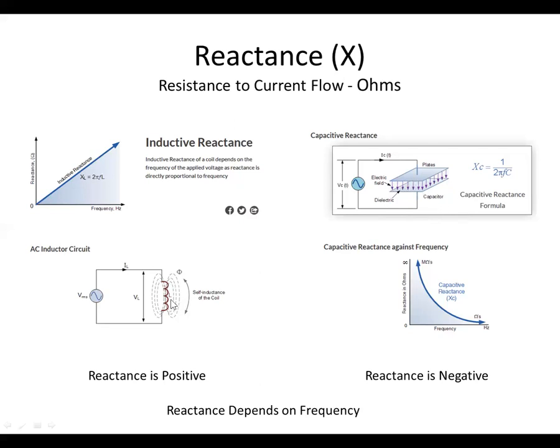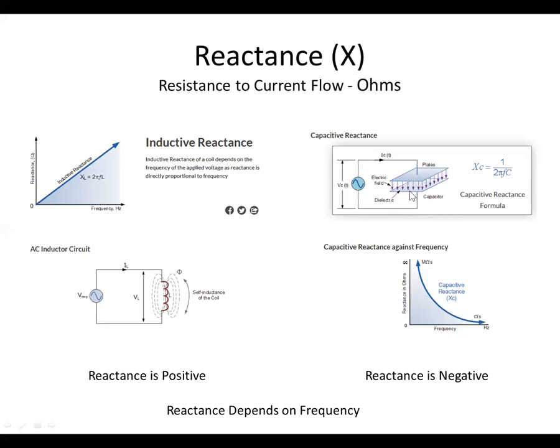In the inductor, we're storing the energy in a magnetic field that's going back and forth from north to south. In a capacitor, we're storing the energy in an electric field as the voltage swings from positive to negative and back to positive. So these plates go positive to negative and then they'll switch again.